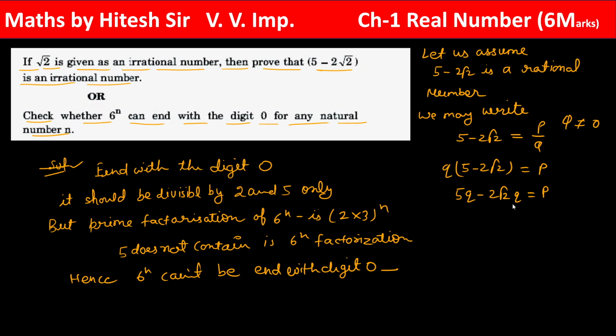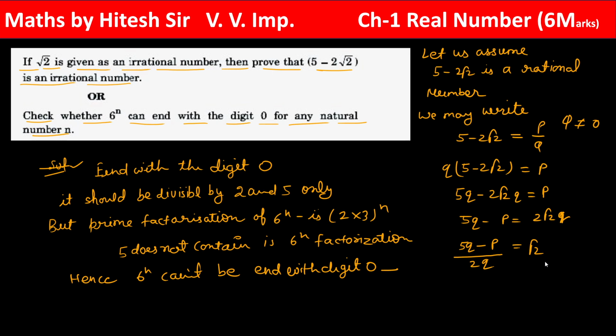So 5q minus p equals 2 root 2 q. So we can write that 5q minus p upon 2q is equal to root 2.